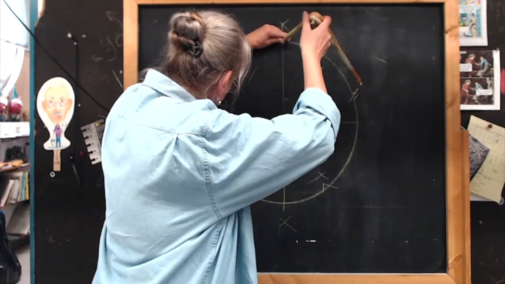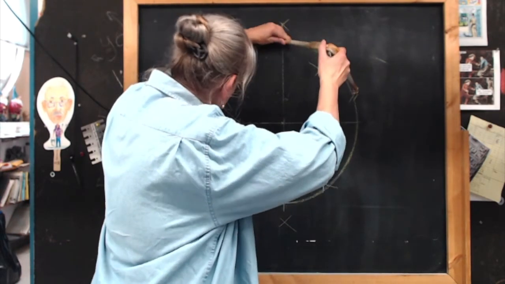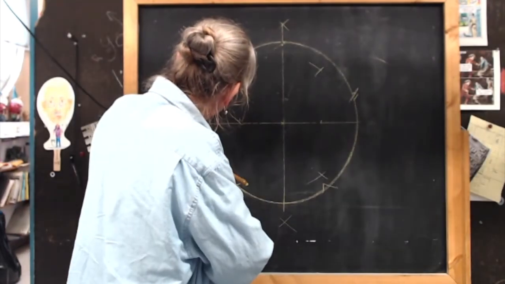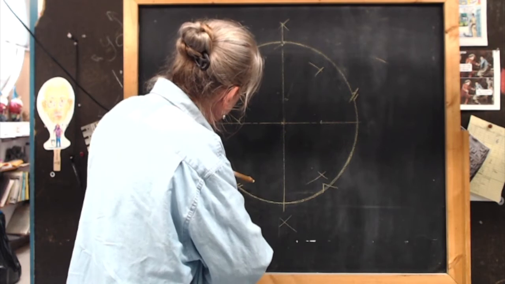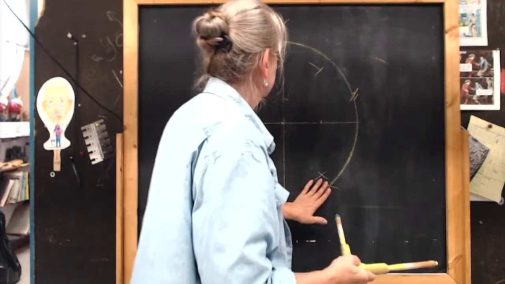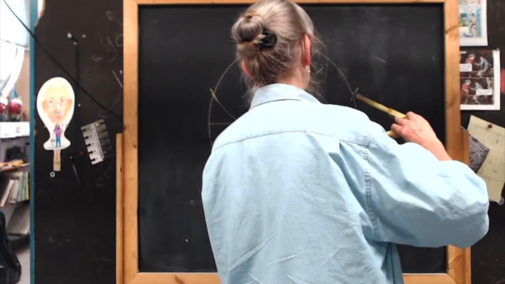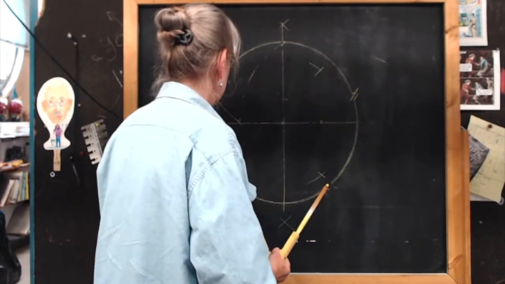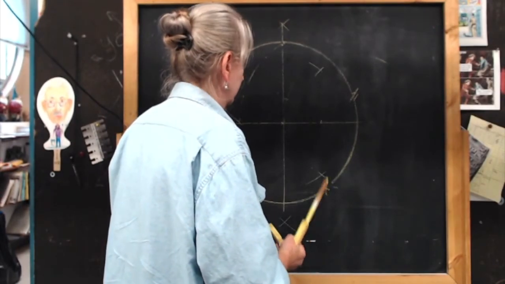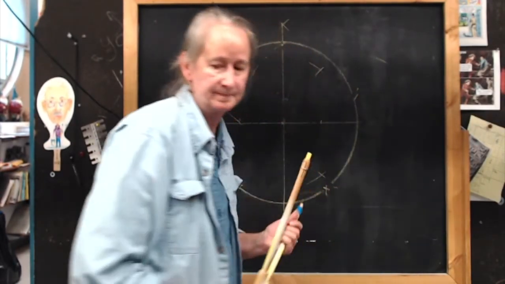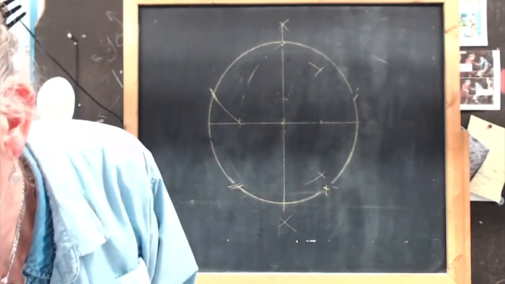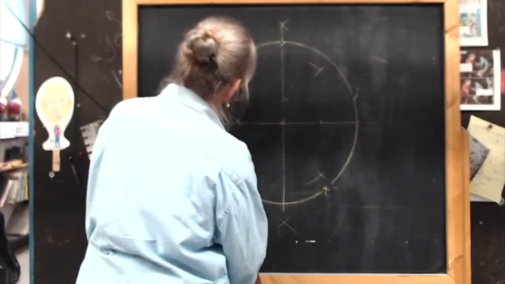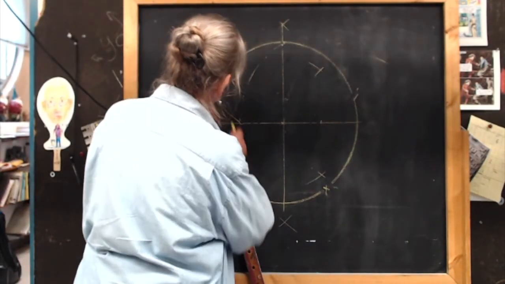Also helps if you keep compass where it belongs. That's better. Okay. So I can draw a pentagon.